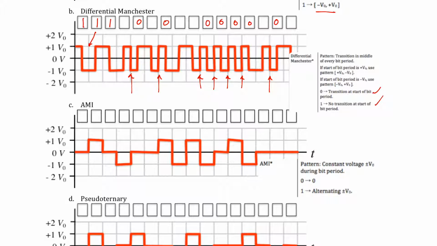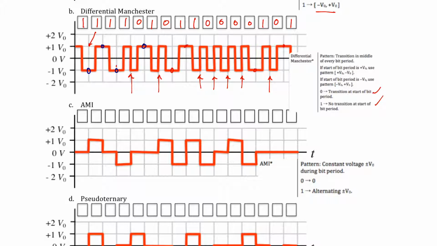None, none, none. And you can sometimes draw a little dot here to indicate no transition at the beginning of the bit period, like this. And it looks like I didn't miss any of the 0s as I fill that in.